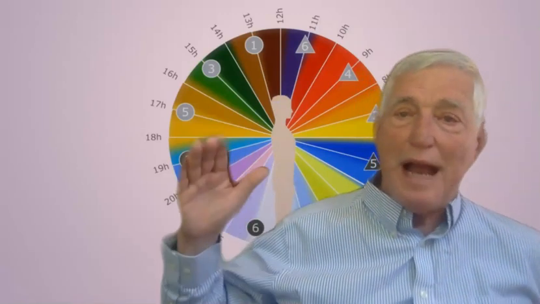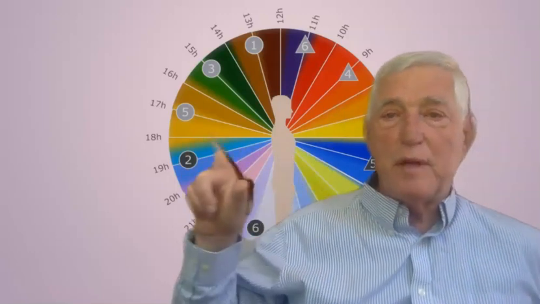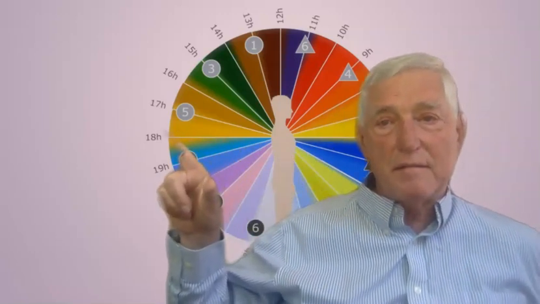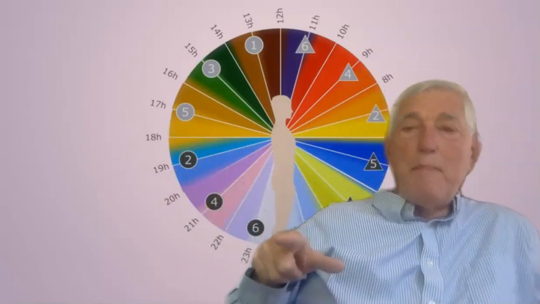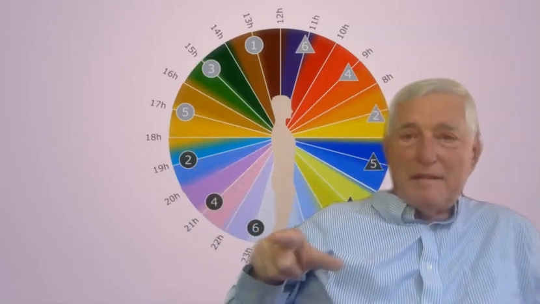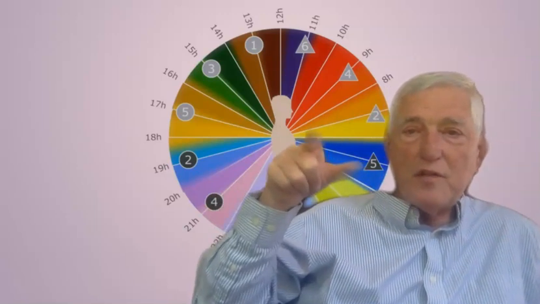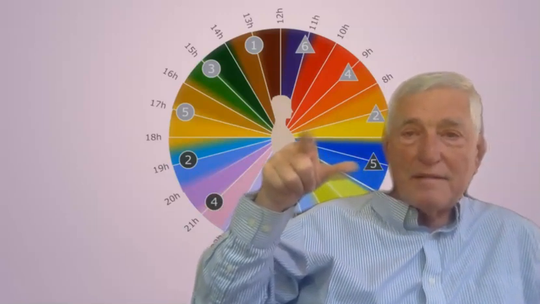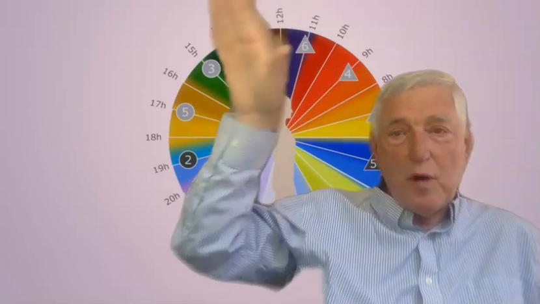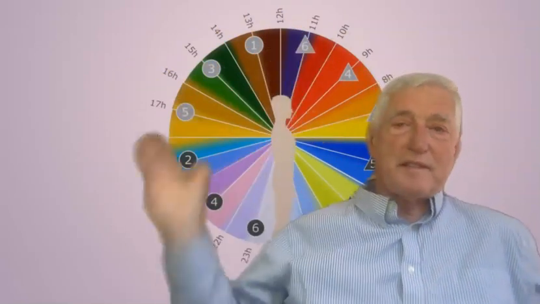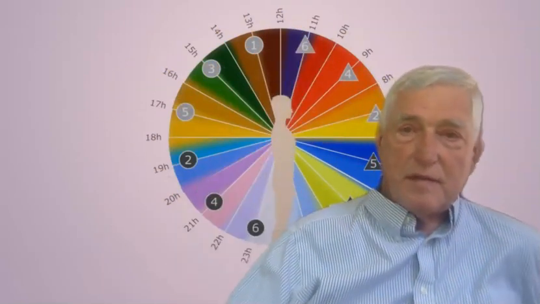So all of these are hours in the day. This blue one, sunset. At the very bottom, midnight. Where the blue comes into the orange, sunrise. At the very top, midday. These are all the hours of the day, all the months or phases of the moon.